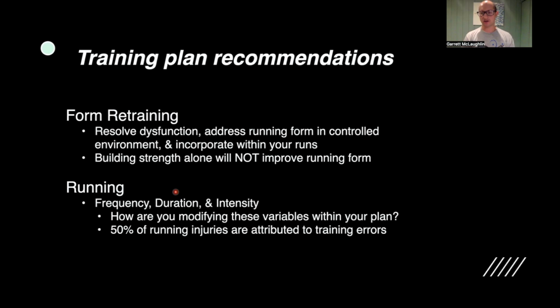There was a good research article from 2015 that showed after a 6-week hip strengthening program, all these people improved strength, they improved alignment of the knee and all these different things that they were working on. But they found that just building strength alone within that controlled environment did not improve running form.